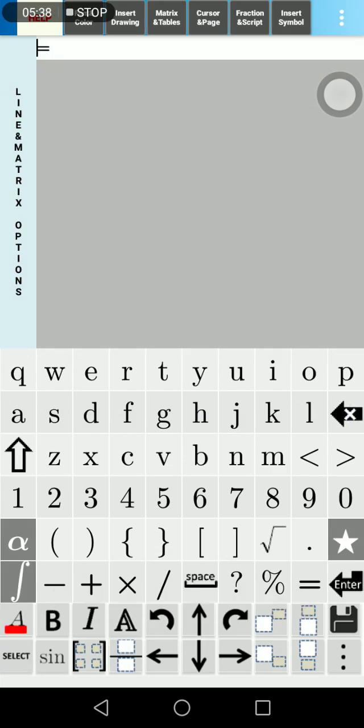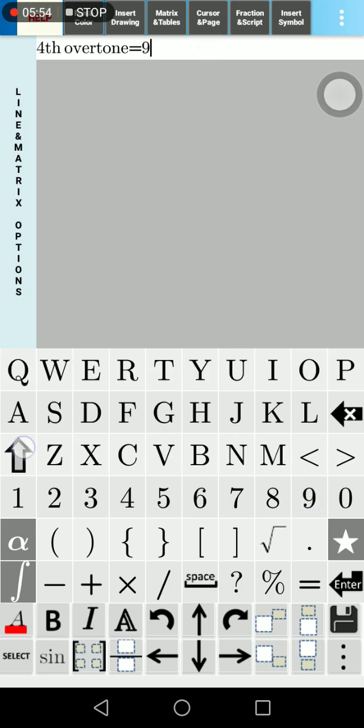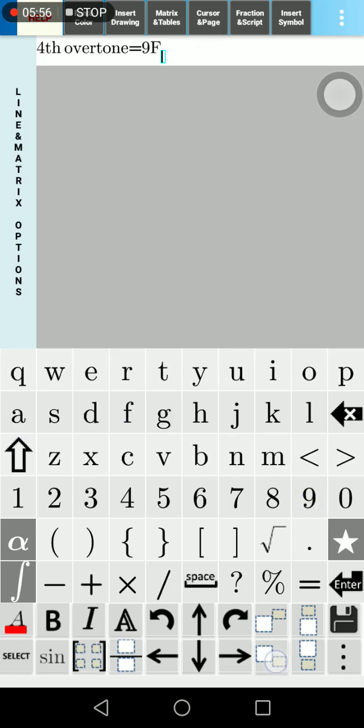So the fourth overtone is given as 900. The fourth overtone is 9 times our fundamental note, so I have to find the fundamental note.